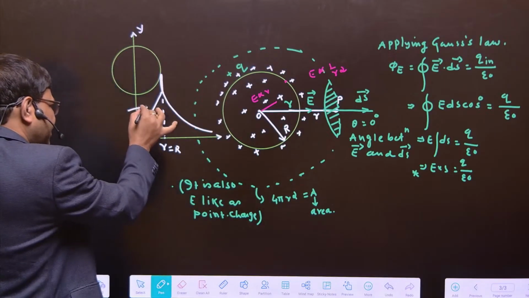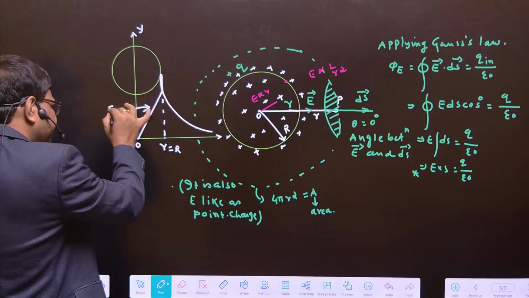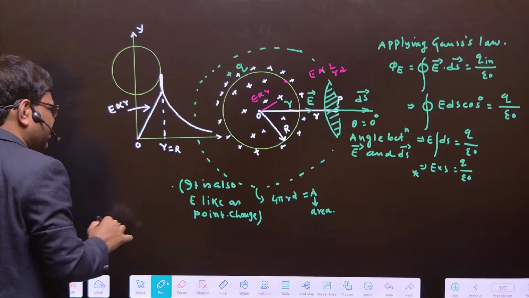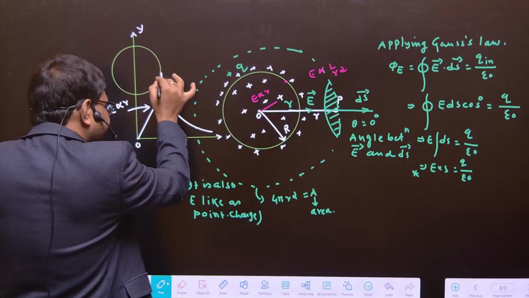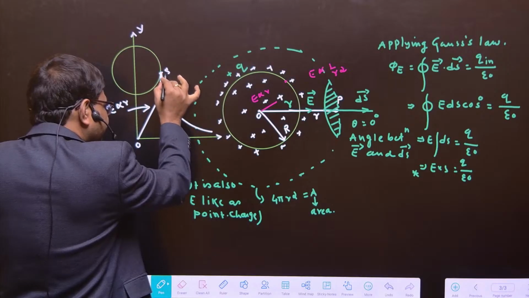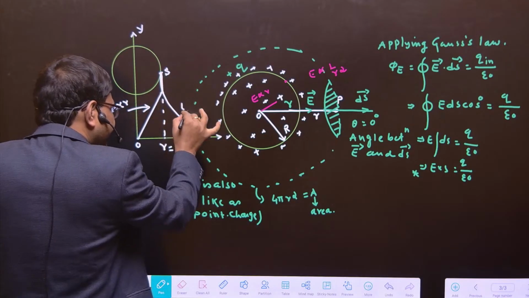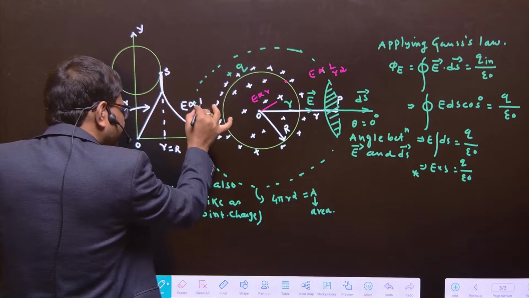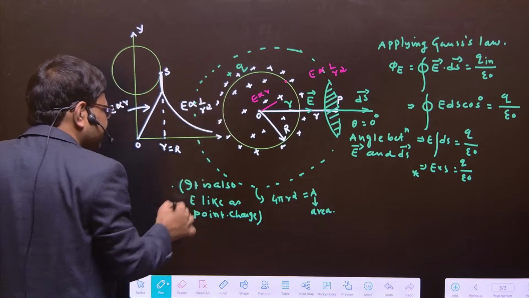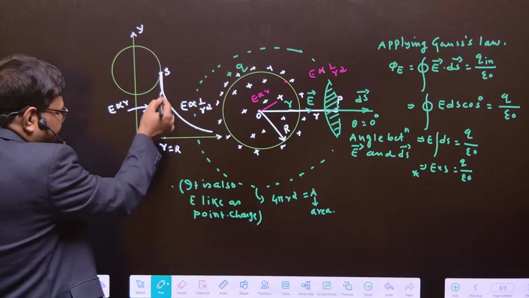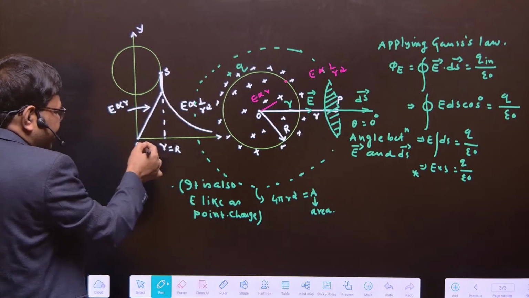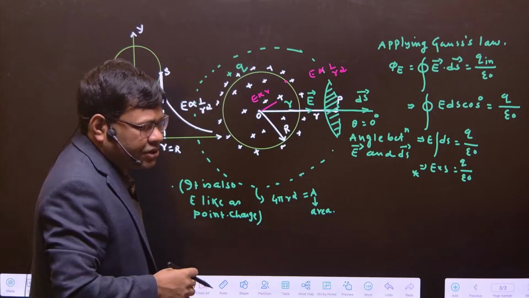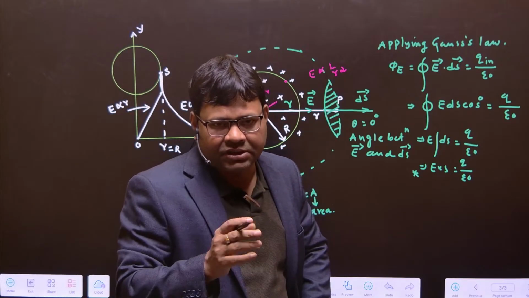So for this graph, the electric field is directly proportional to r up to the surface, and after the surface it is inversely proportional to the square of the distance, E varies as 1 by r square. It is a rectangular hyperbola. This is the nature of the graph of electric field versus distance for a charged non-conducting solid sphere.